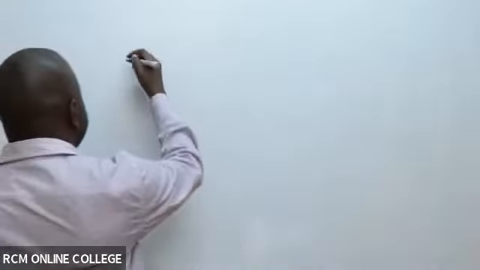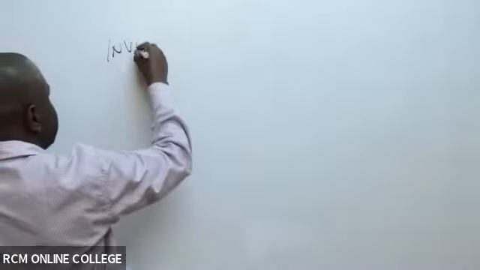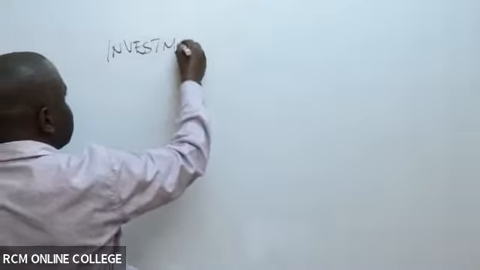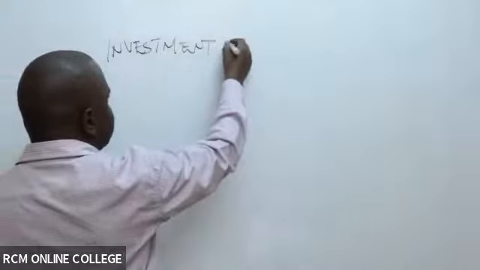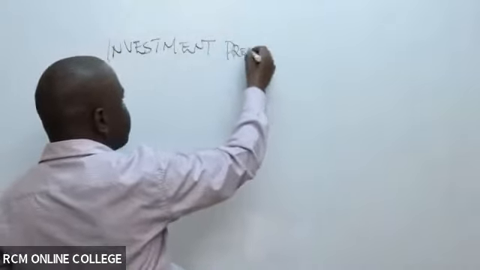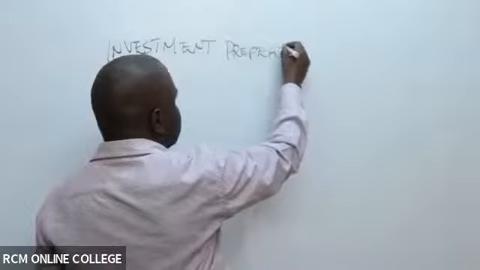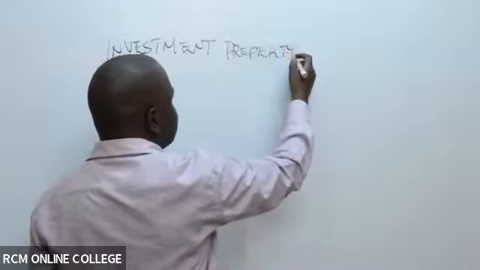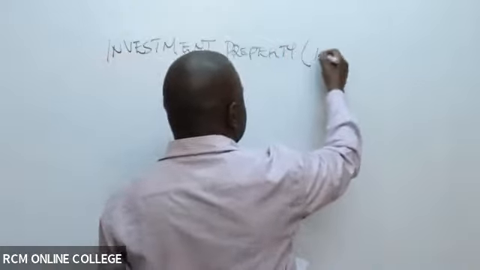So the first area there, they're talking about what? Investment property. Investment property is actually under International Accounting Standard number 40. How do you deal with the investment property in your books of accounts?